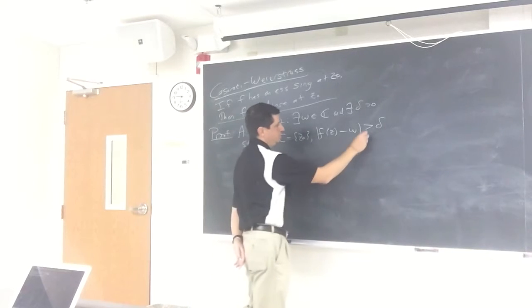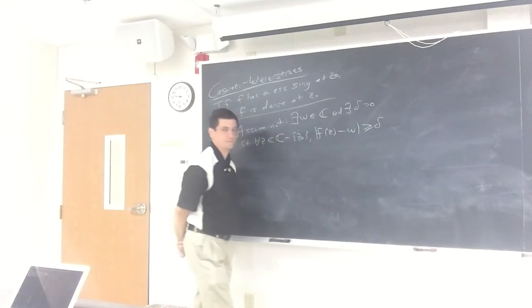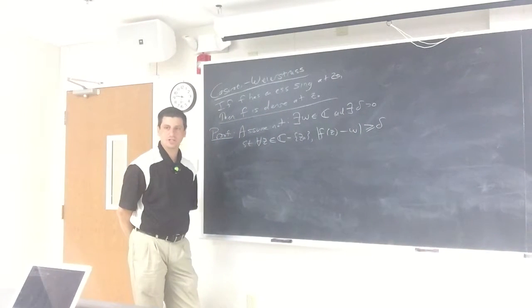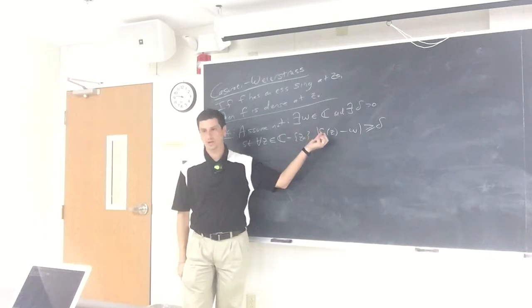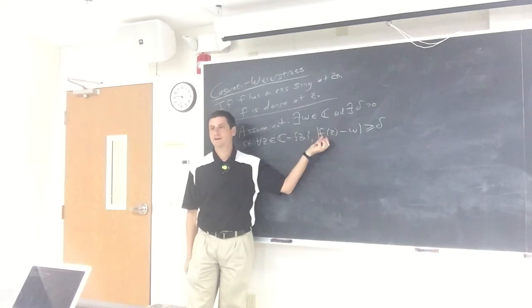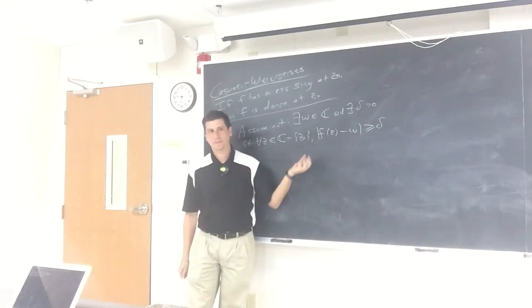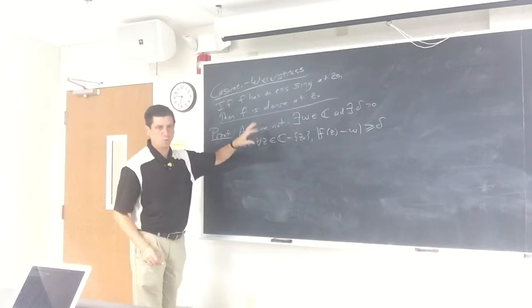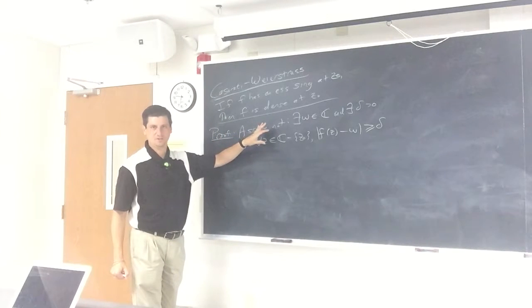Oh, we can even do greater than or equal to. Doesn't matter. That's what it means not to be dense. There's got to be at least one point where when I apply f, I am at least delta away from that. Okay? We all happy with what it means to not be dense?